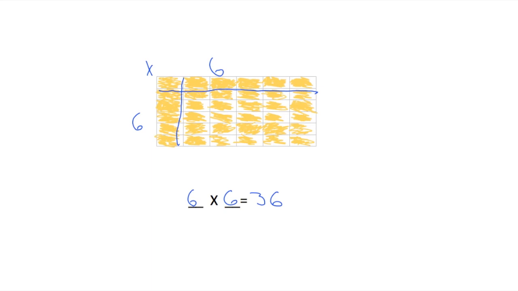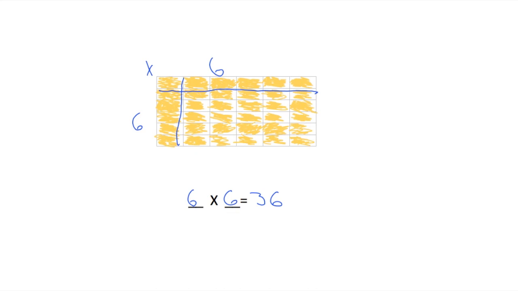Whenever your teacher draws an array or a picture like this, draw a line like this and a line like this, and you figure out your answer: 6 times 6 is 36 if you know your multiplication facts, or if you want, you can count all of this up, which would not be good, but for beginners it's fine.